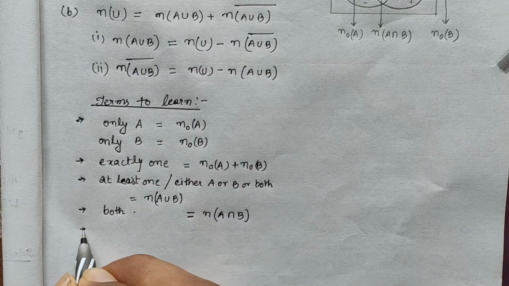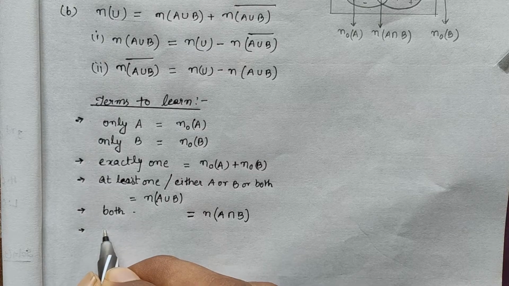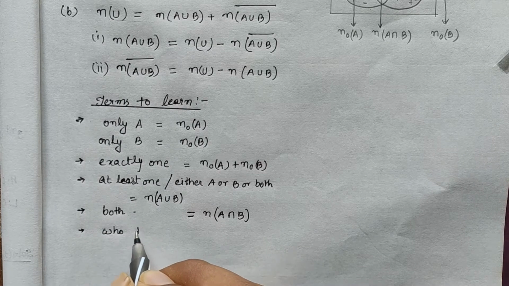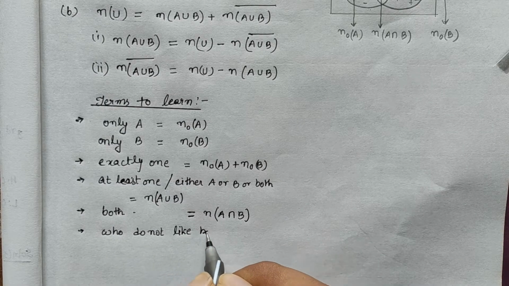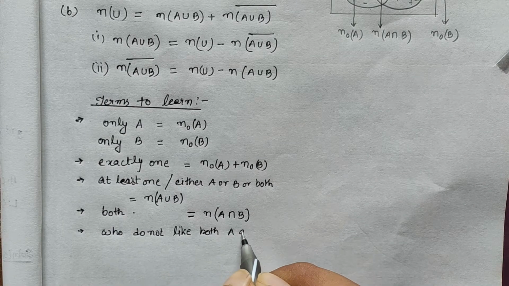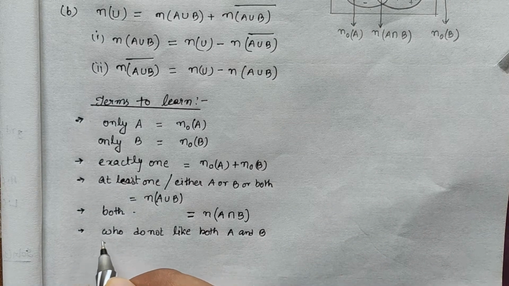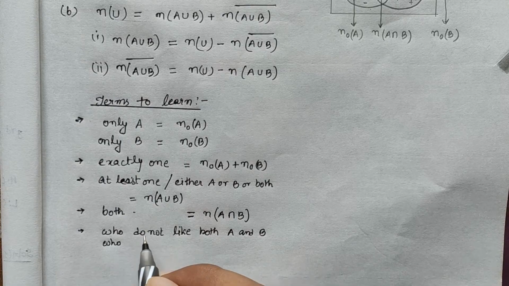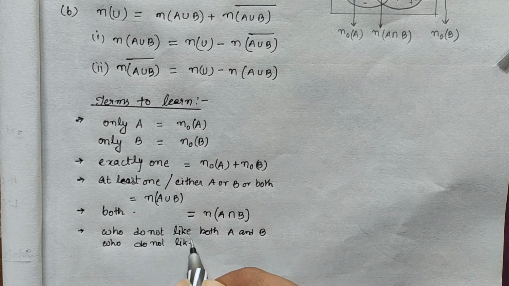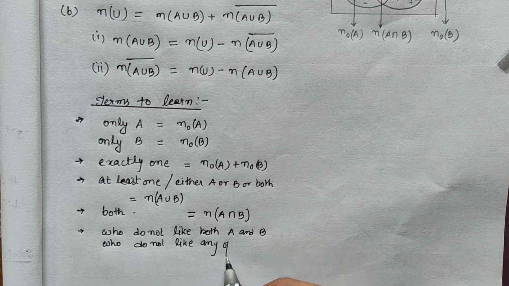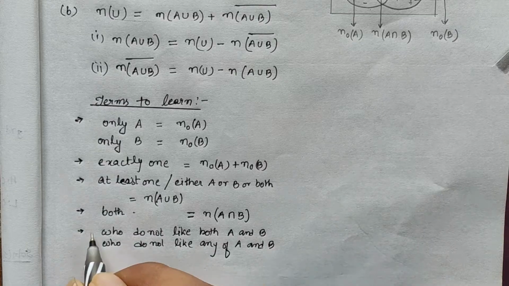And similarly, who do not like both A and B, or it may sometimes say who do not like any of A and B. These two are the same.